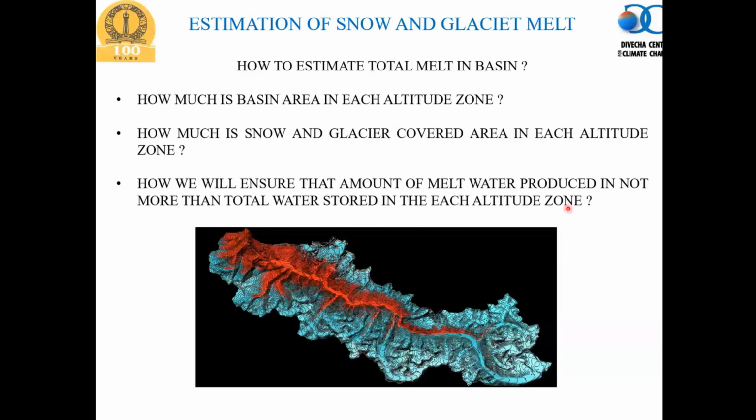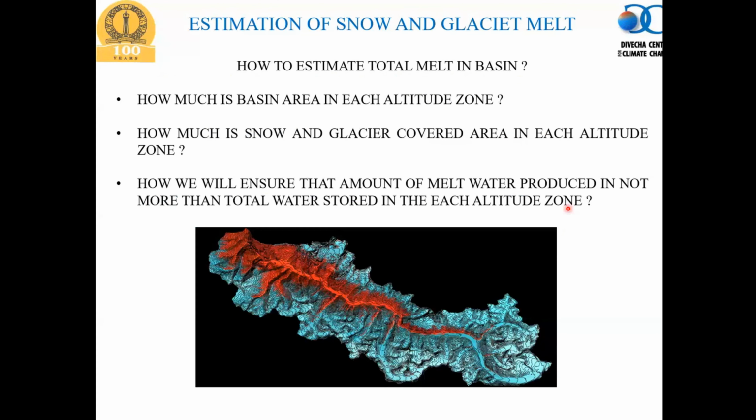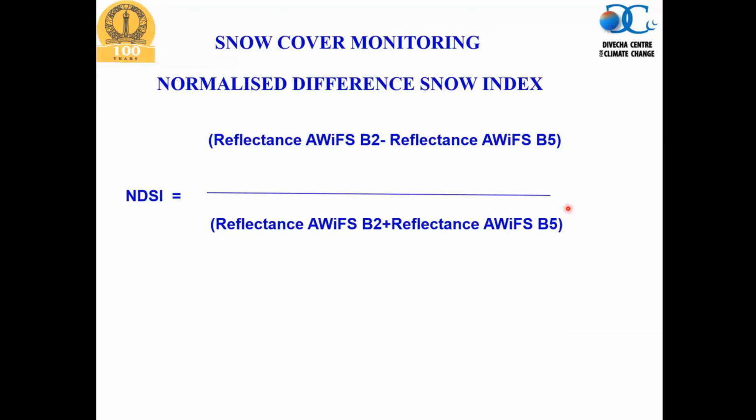You have the geographical area under snow cover in each altitude zone. You should also require the depth of snow in that area, so you get the volume of snow available. Now you cannot produce melt which is higher than the volume available for melt. Otherwise, you will be completely off, and that is how you do the water balancing in the model.